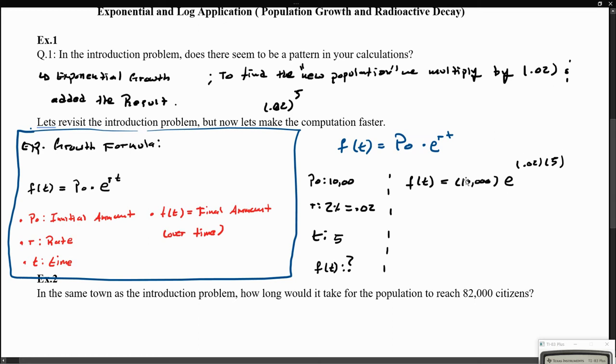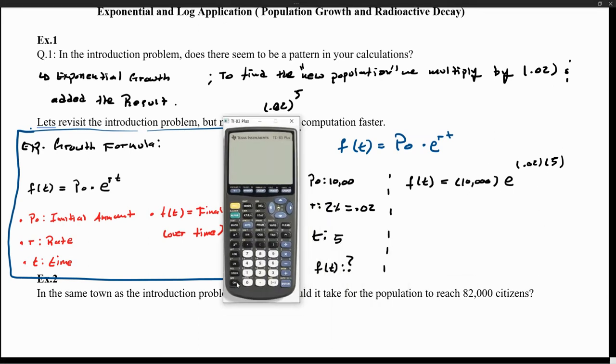And now what we have here on the right-hand side, we can use our graphing calculator to find that amount. So let's get 10,000 and multiply times e. And as an exponent, you've got to be careful here because I'm going to put one parenthesis.